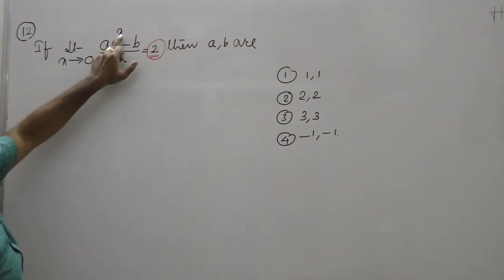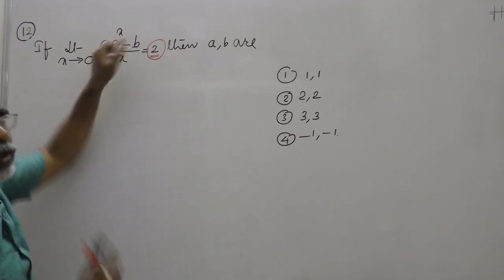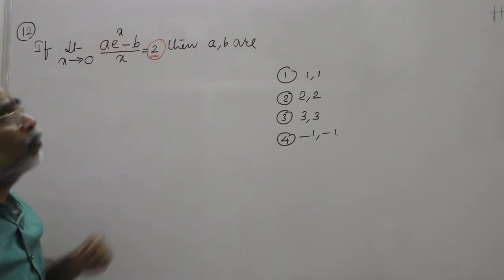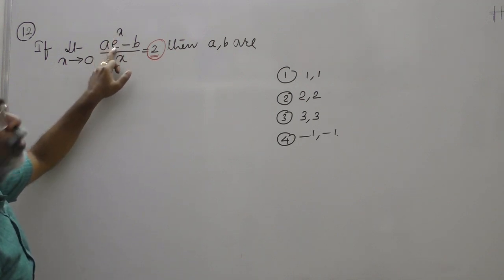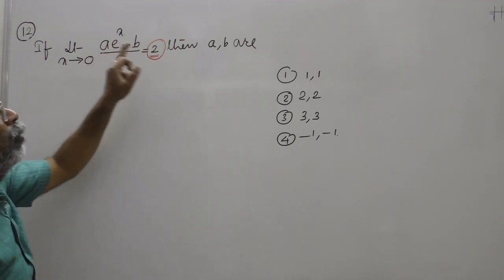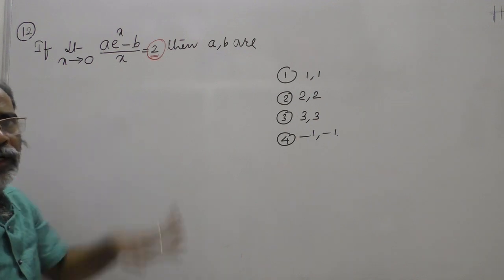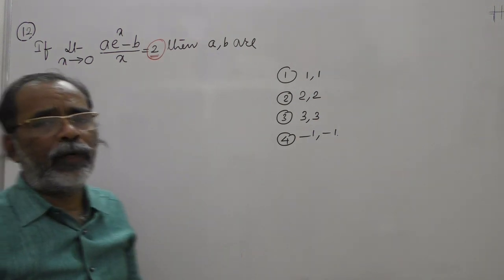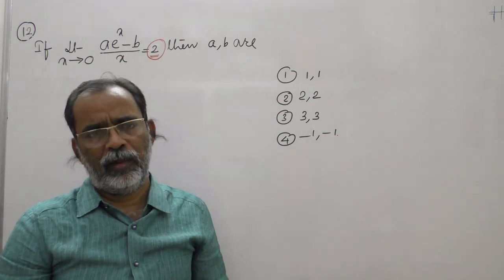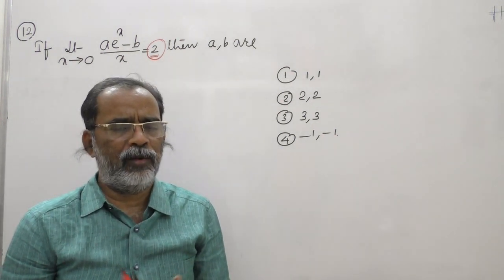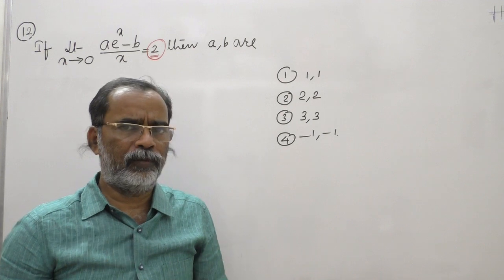Denominator is pakka 0. What about numerator? If I put x equal to 0, e power 0 is 1. We will have a minus b in the numerator. What about a minus b? That depends on a, b values. If they are equal values, then it becomes 0.